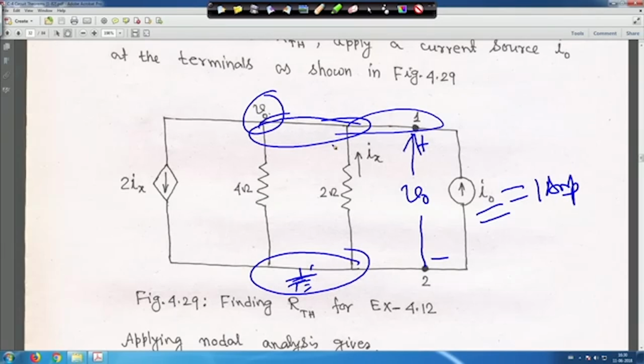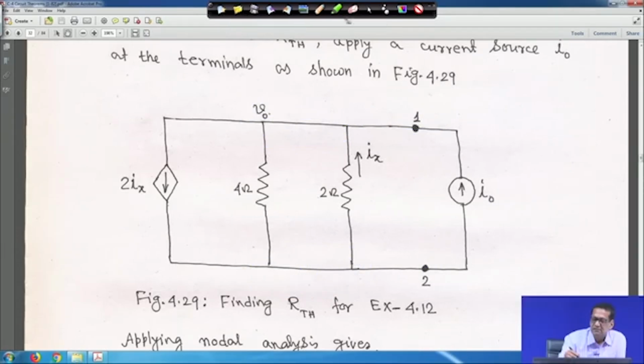Therefore, you apply KCL. For example, the current flowing in this direction is V0 by 4. Here Ix is upward, okay, but in this direction the current is V0 by 2.